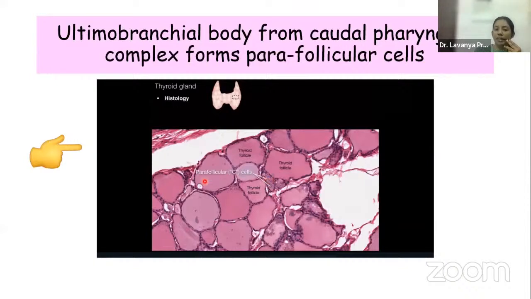These parafollicular C cells can be seen in between the follicles in the connective tissue septa, or between the basement membrane and the cuboidal cells. They secrete calcitonin, and the thyroid follicle as such secretes the T3 and T4 hormones.